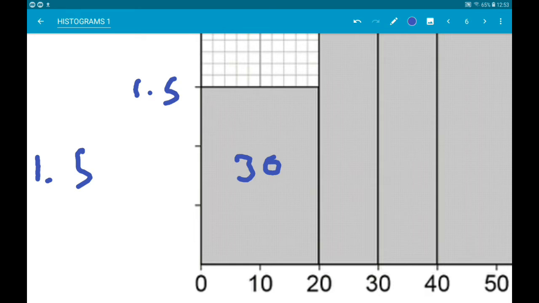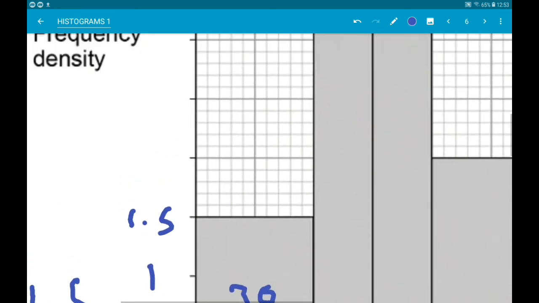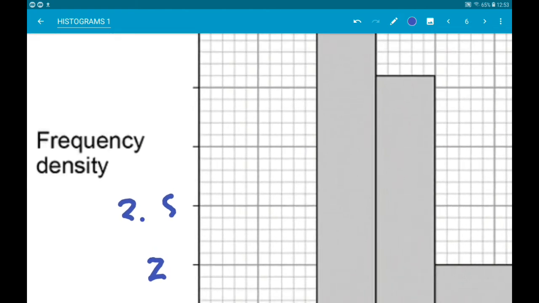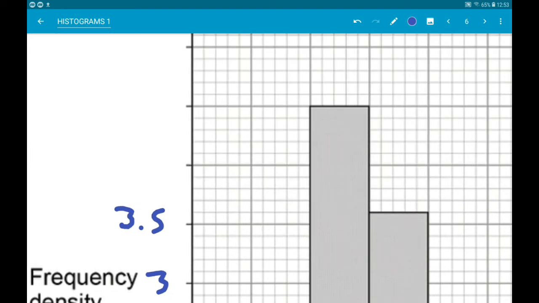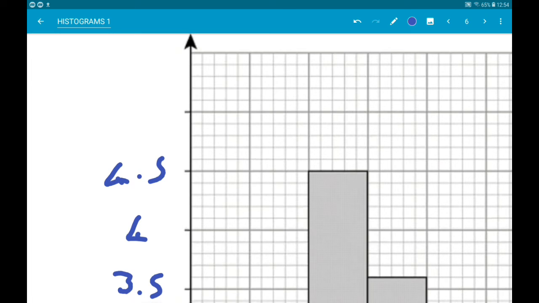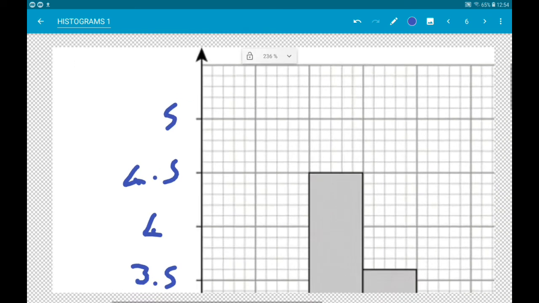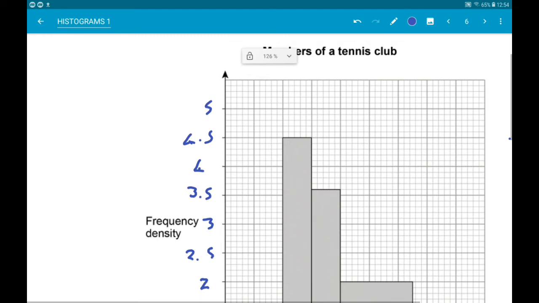Every notch, or 5 little squares, is 0.5. Okay, so that axis is complete.